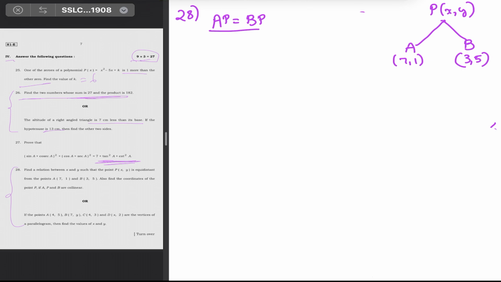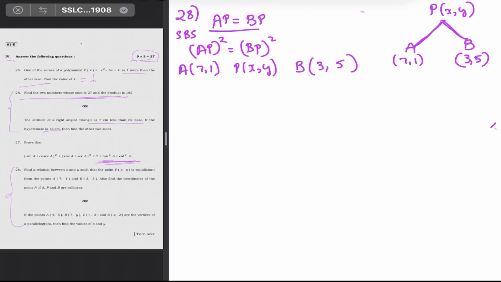Squaring on both sides, what do we get? AP square is equal to BP square. What are AP and BP? They are the lengths of the lines AP and BP. The coordinates of A are 7 comma 1, P is x comma y, and B is 3 comma 5.